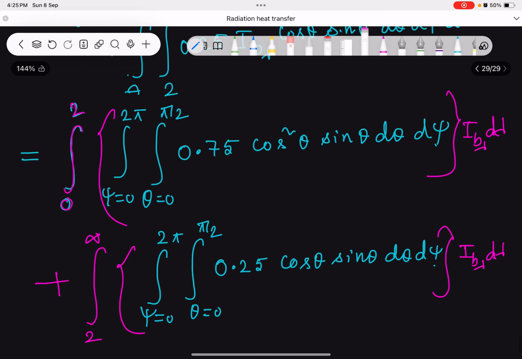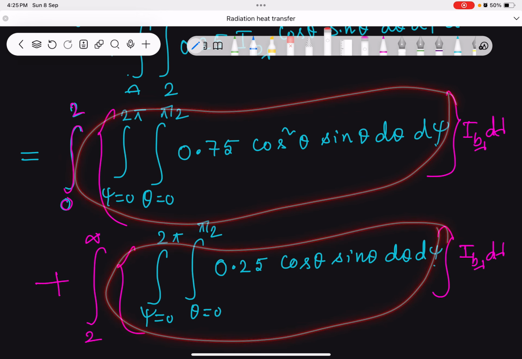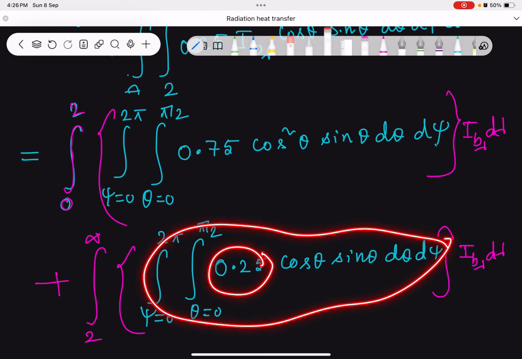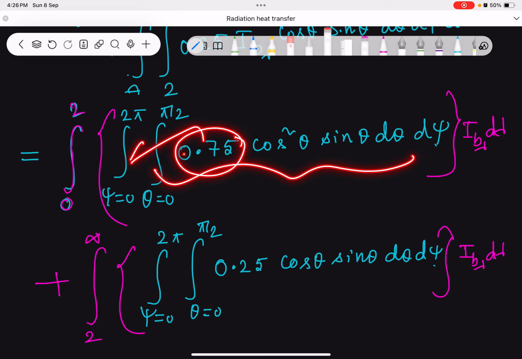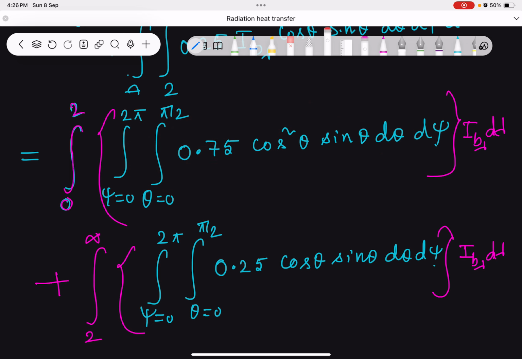So here you see, both of these are constants. If you take this 0.25 outside the integration, you will get 0.25 into pi. You can also take the 0.75 out of the integral, but still you can do this integration very easily. First of all, you can break this integration into two parts.